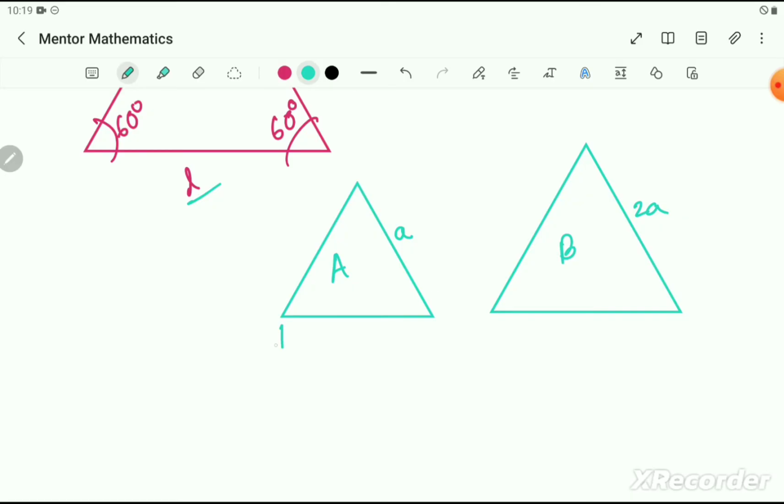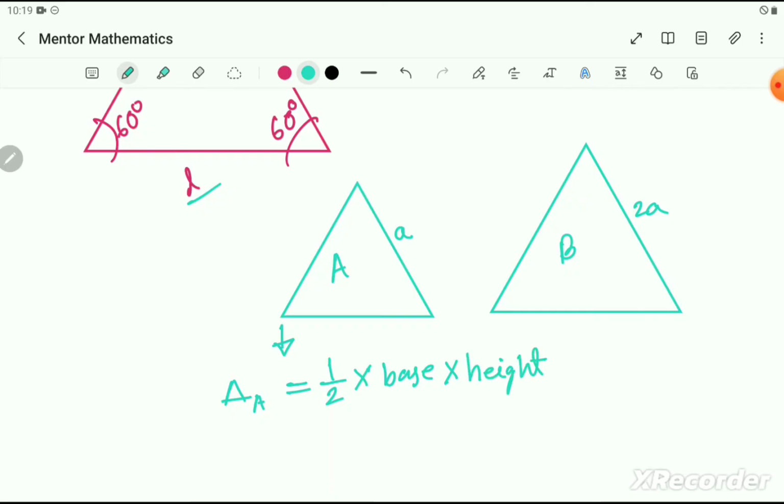So let's do it. First, the area of triangle A, we can simply find it as half into base into height, right?